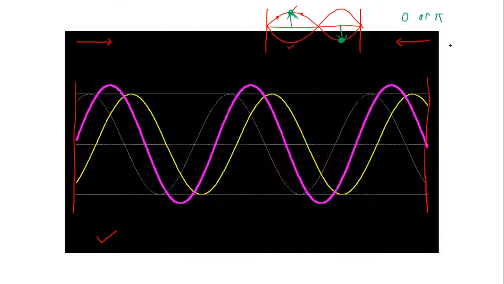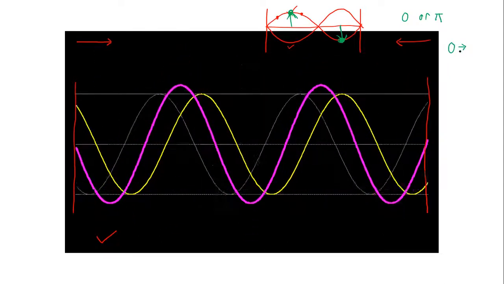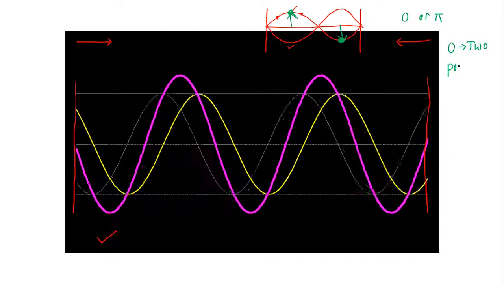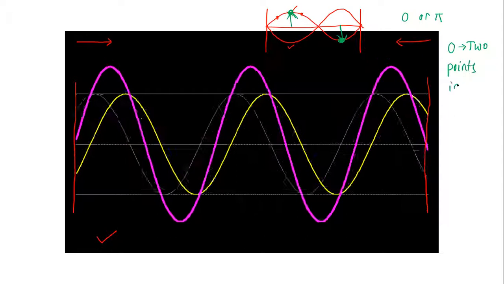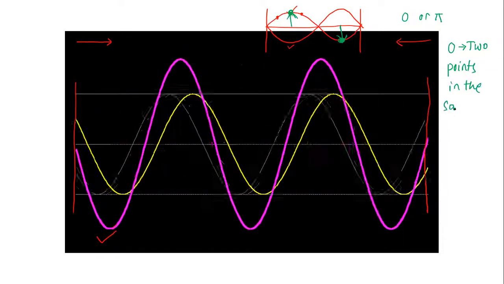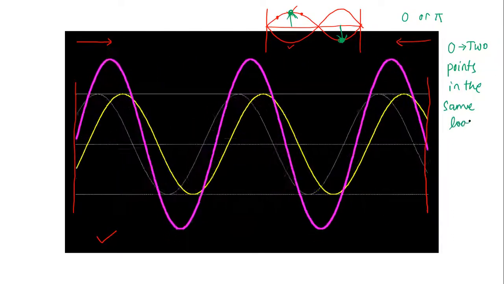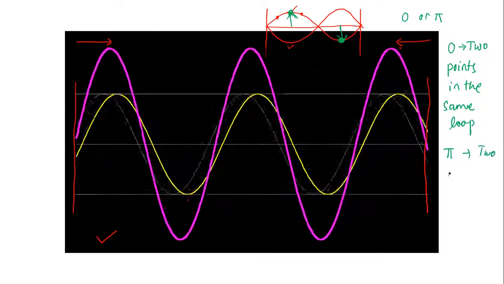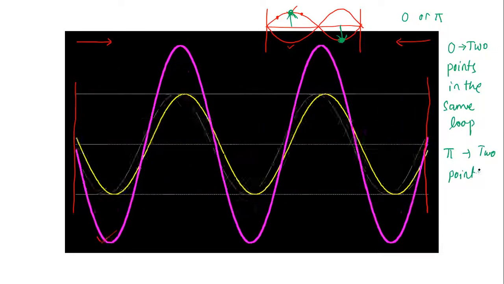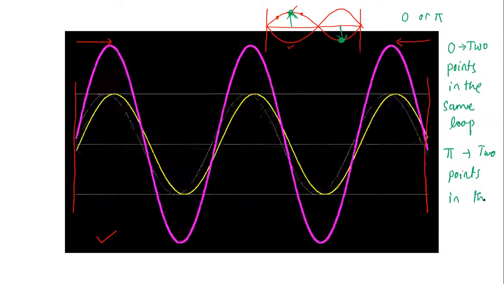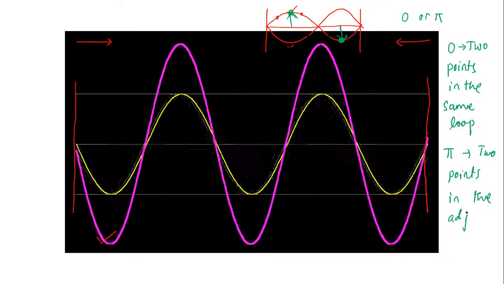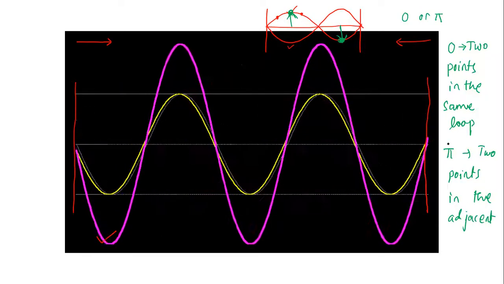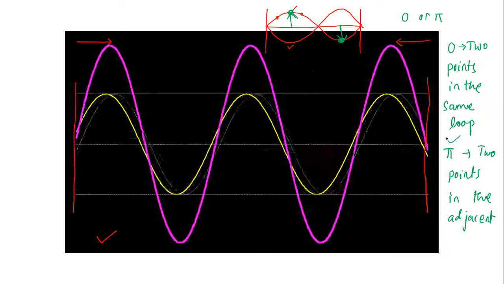Two points in the same loop will have 0 phase difference, and two points in adjacent loops, one point in one loop and the other in the next loop, will have a phase difference of pi.